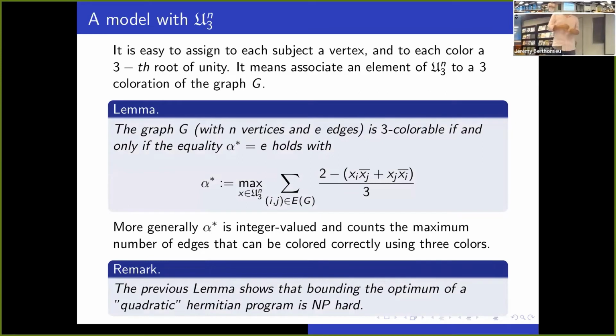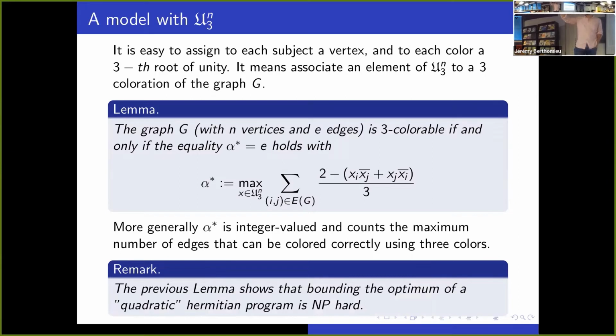Okay, so it is easy to assign to each subject a vertex and to each color a 3rd root of unity. It means associating an element of U3 to the n to a 3-coloring of the graph.